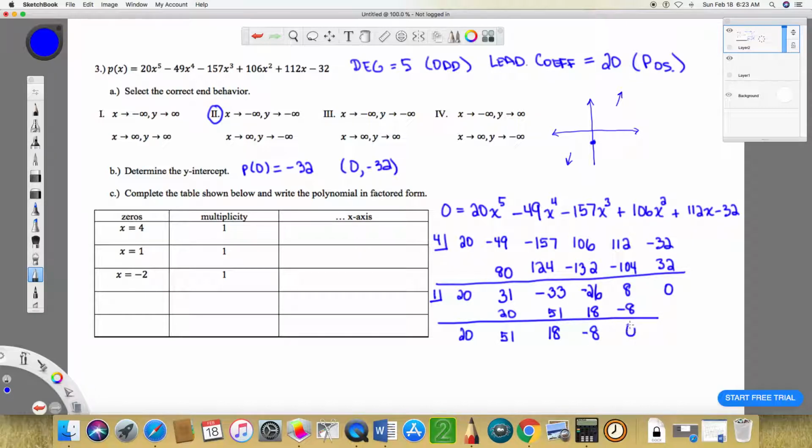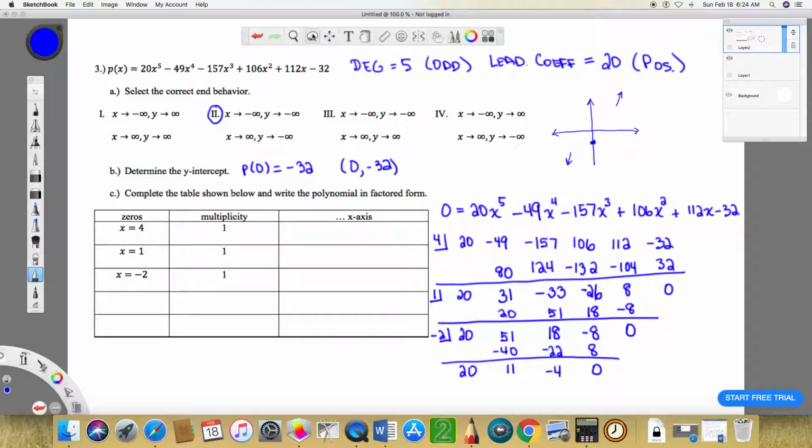And we do. So let's do it now with -2. And we should get a 0 here as well. Let's see if we do. And we do.